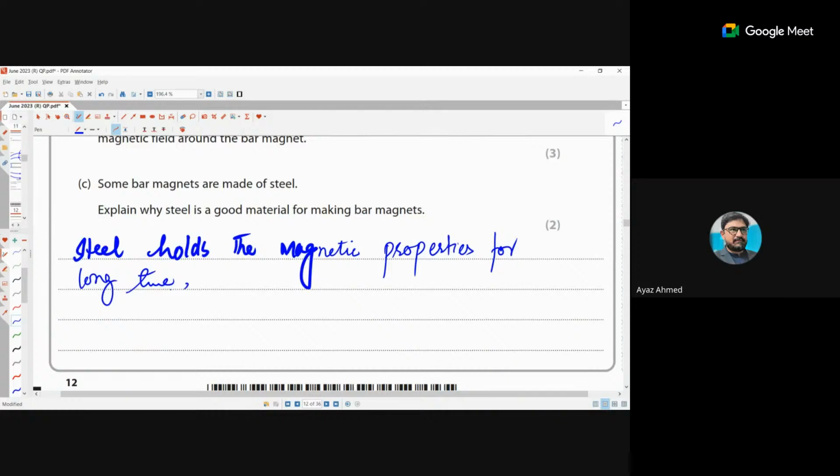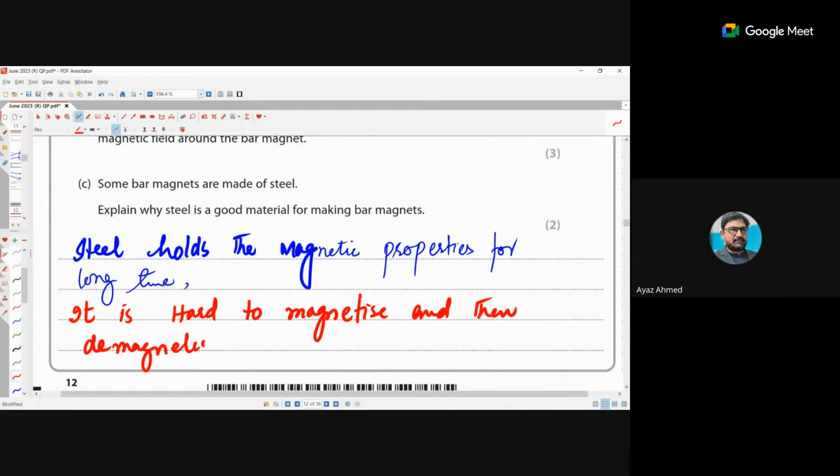Or you can simply say that it is hard to magnetize and then demagnetize the steel.